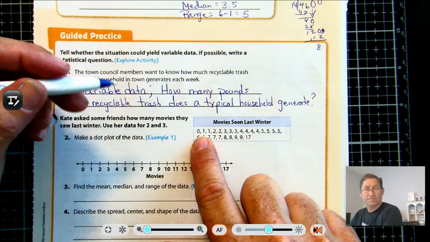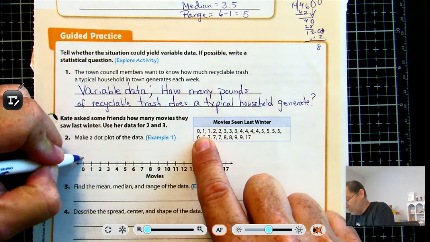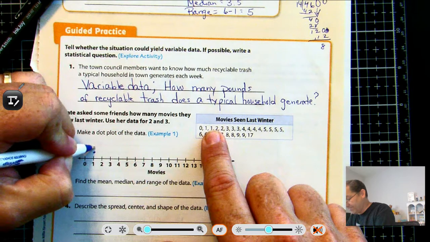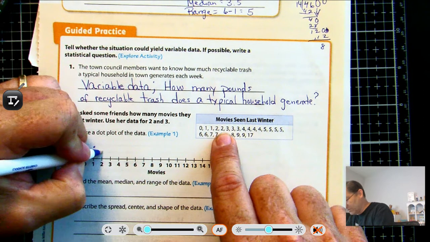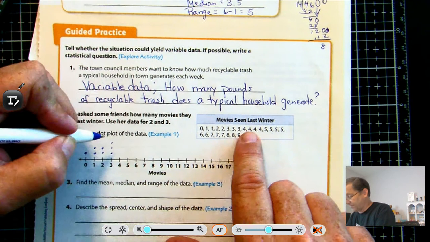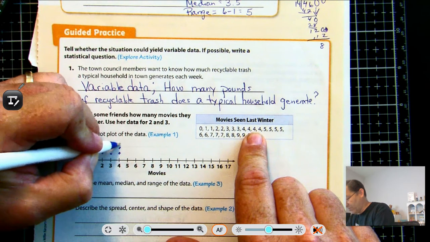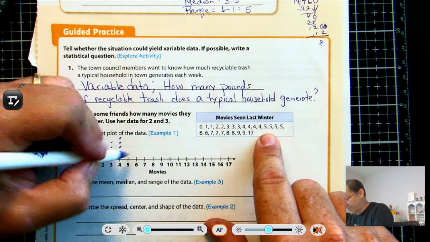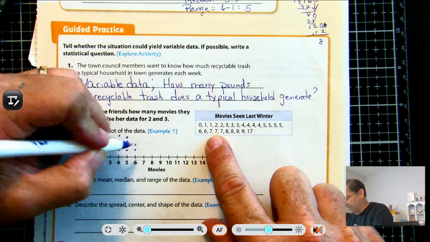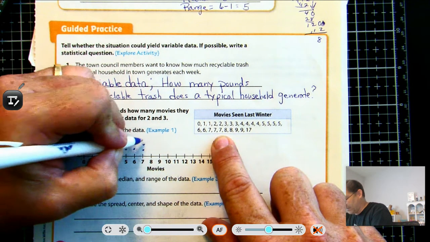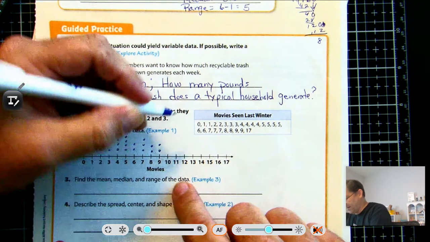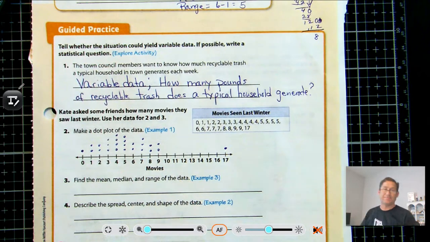So 0, I see that there's one person that didn't see any. 2 people saw 1 movie. 2 people saw 2 movies. 3 people saw 3 movies. 4 people saw 4 movies. 4 people saw 5 movies. 2 people saw 6. 3 people saw 7. 2 people saw 8. 2 people saw 9. And 1 person saw 17.